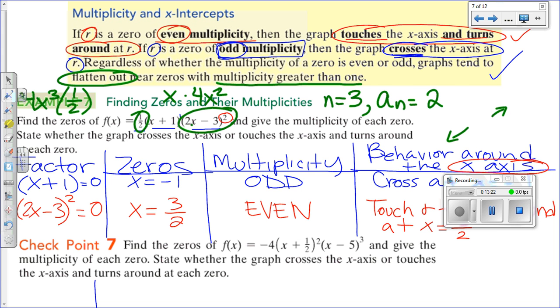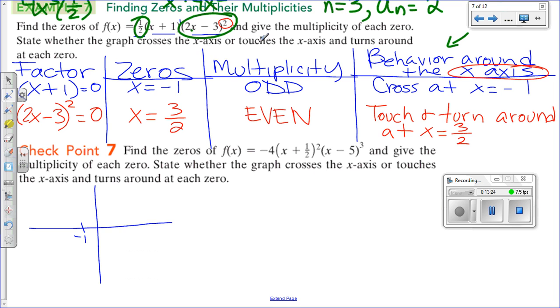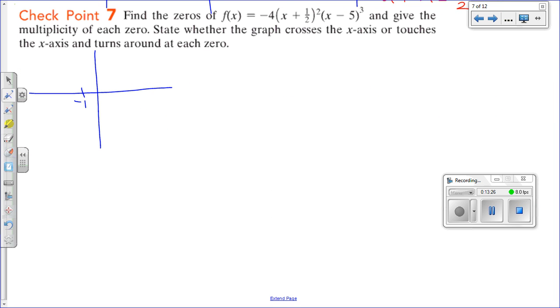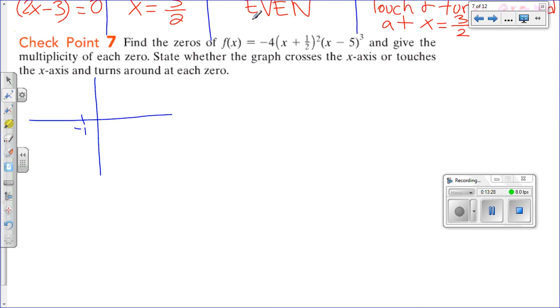Okay, so again, rough sketch of the graph. Well, I need to see where we're talking about. So we already decided that it is of degree 3, the behavior is going to be like that, the end behavior. The other 0 happened here at 3/2. So this is 1 and this is 2. 3/2, I'm sorry. So that will be somewhere here. And the other one is here.